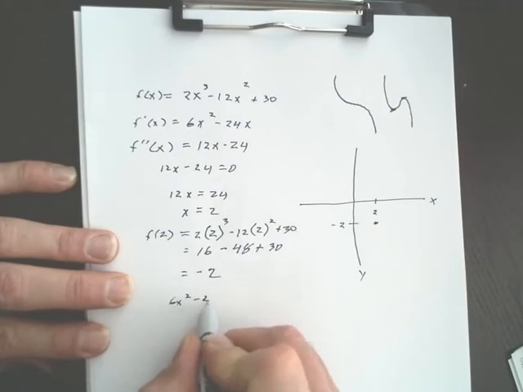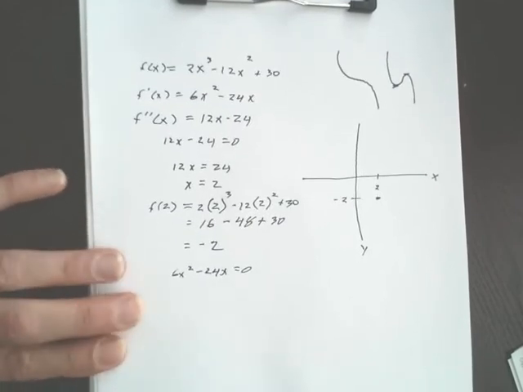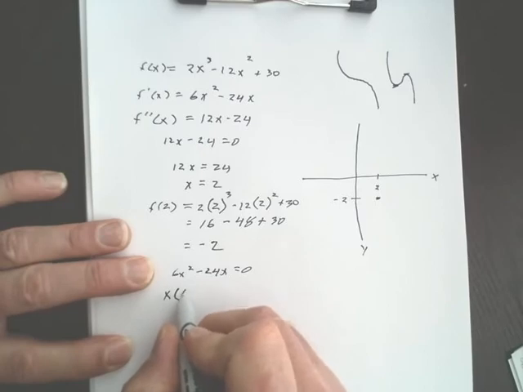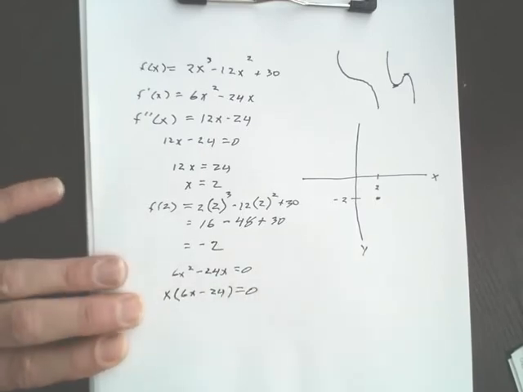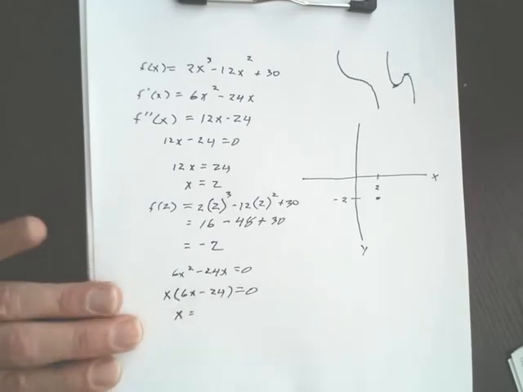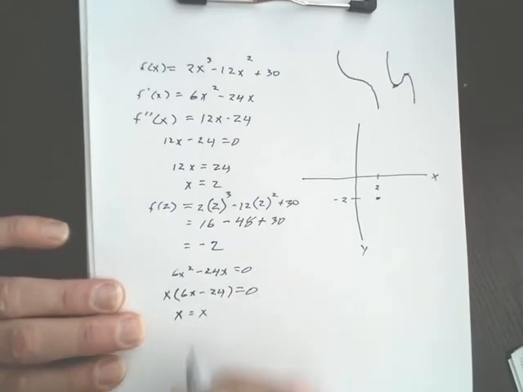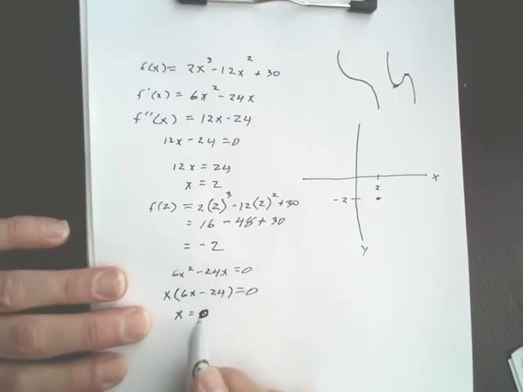So we get 6x squared minus 24x equals 0. Okay? Now we're going to factor out an x. That leaves 6x minus 24 equals 0. So one x coordinate of one max or min, we don't know which one yet, is going to be at 0.